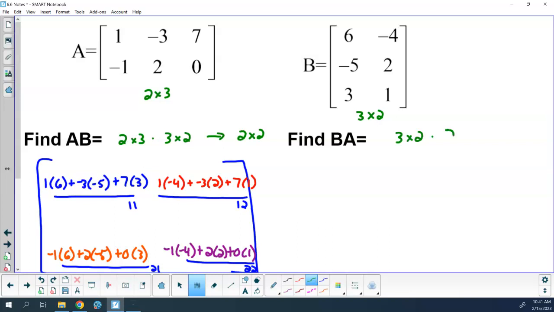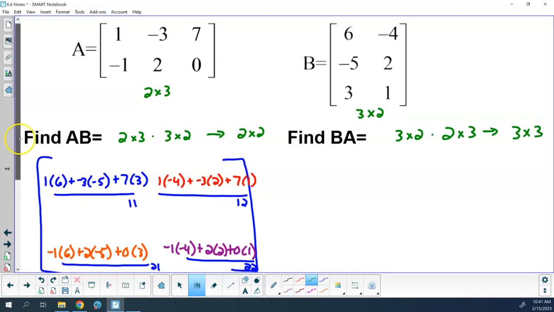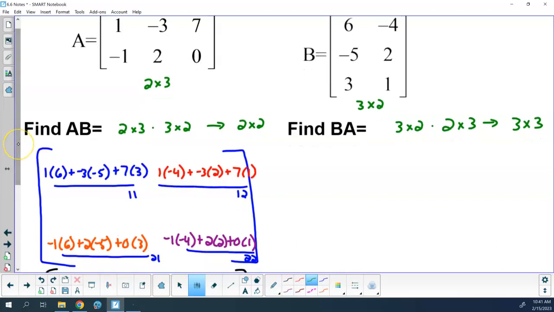A is a 2 by 3 matrix. Is that doable? Yes? And it ends up being a 3 by 3. So let's give myself a little more space to make my big old 3 by 3.